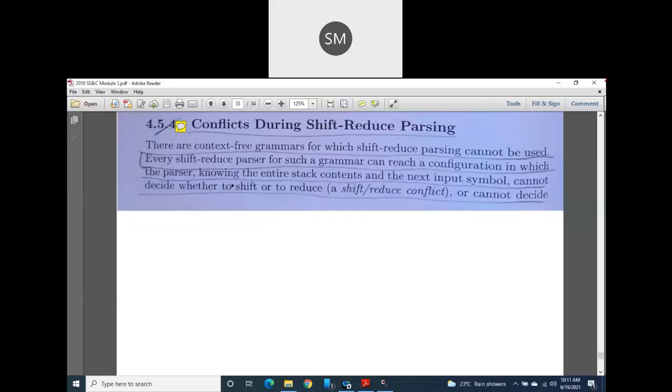If there is a conflict, then for our grammars, this shift reduce parsing cannot be used.